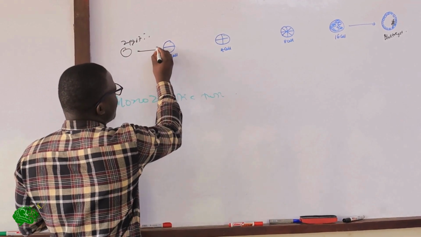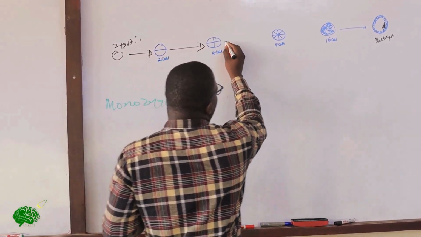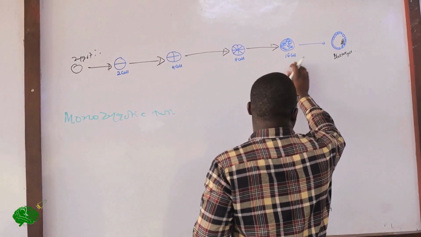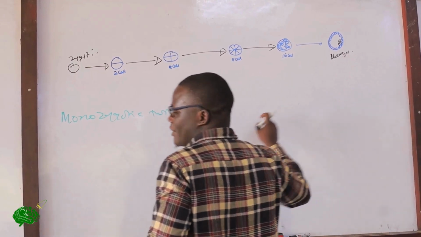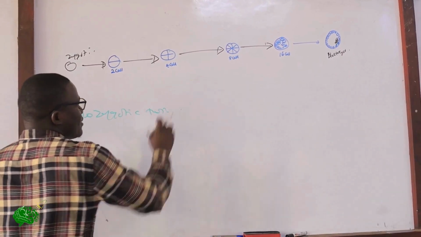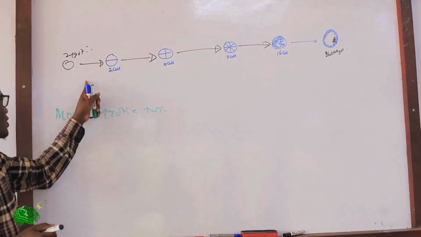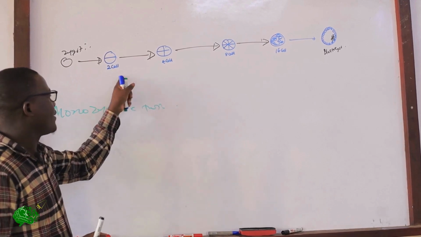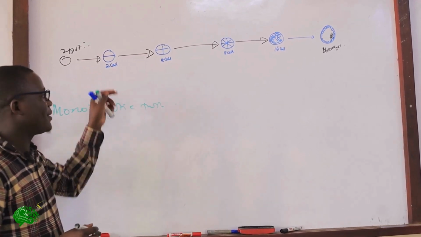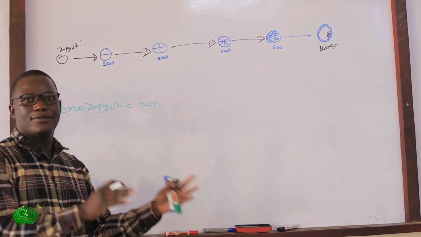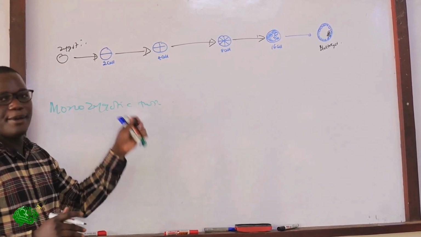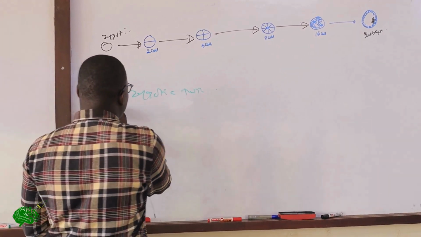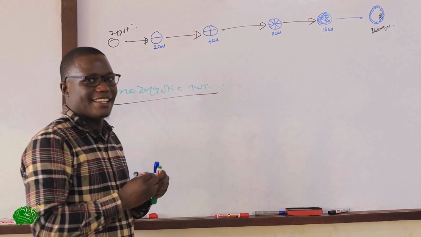One cell formed 2, 2 formed 4, 4 formed 8, 8 formed 16, 16 is the morula, which later on formed the blastocyst. Now, during this series of events, what we call cleavage, there might be a complete splitting of the embryo, and when this splitting occurs, each of the components of the embryo results into a different fetus, and that is what we call monozygotic twins.